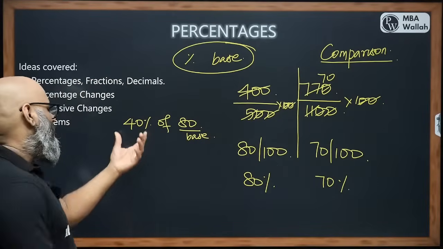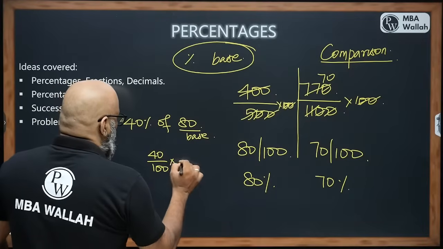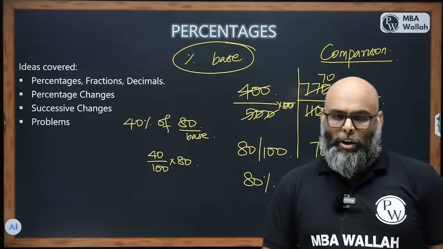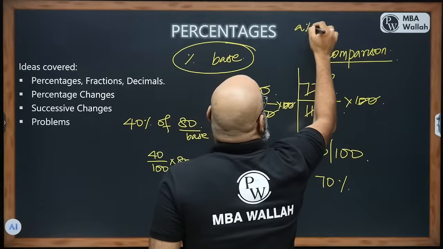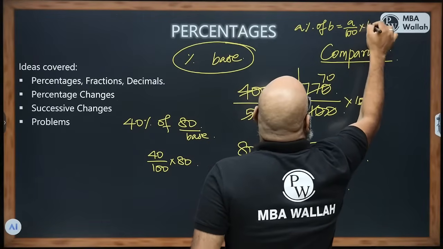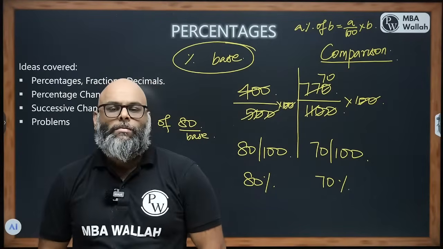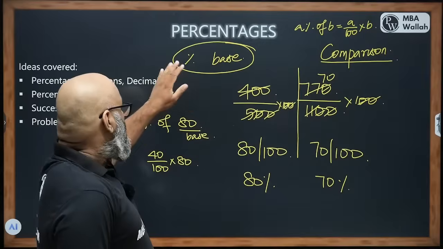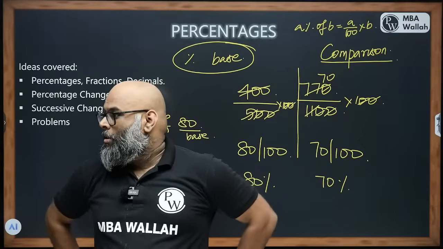So how do you write 40% of 80? 40 by 100 into 80. The generic form is A percentage of B. It's written as A by 100 into B. Clear? That's a basic thing. You need to understand percentage and base. Both of them are necessary.